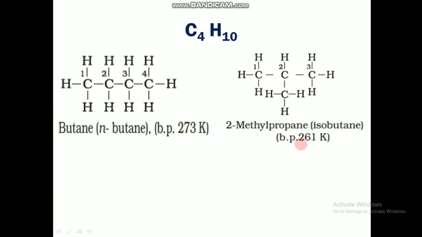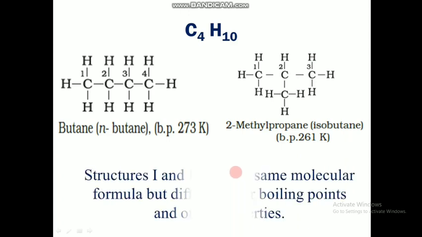So there is a change in properties and a change in structure, but there is no change in the formula. This kind of system we say is showing isomerism. So this property of showing different properties with the same molecular formula is called isomerism.